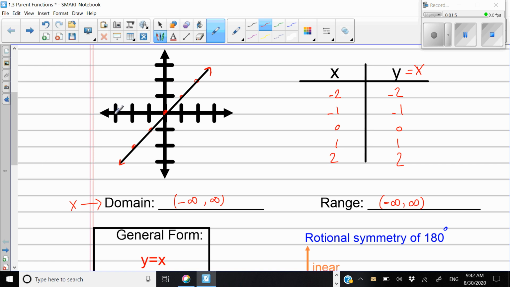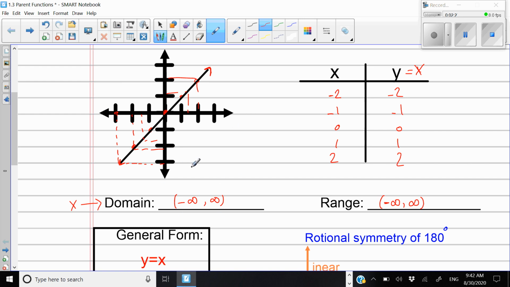So to find the x values, I move from left to right and I see that all the x values on the x-axis are being covered by this graph. For any x value, there's a point on my graph like this. Any x has a y defined for it, and all the points are covered. That means the domain is all real numbers, from negative infinity to infinity. From the left side, which is negative infinity, it continues to positive infinity.